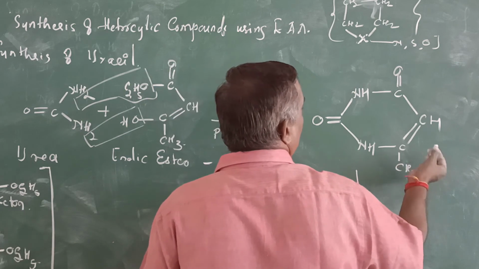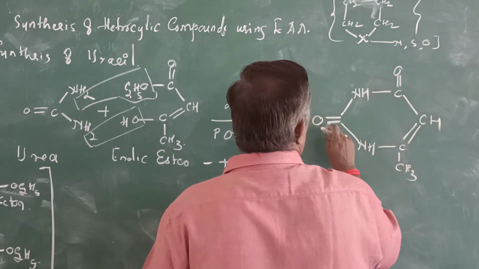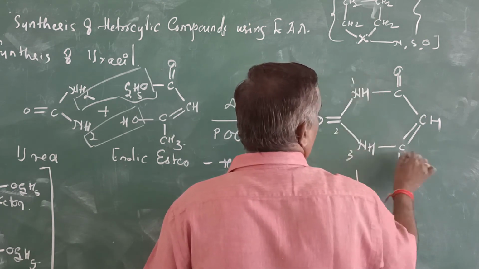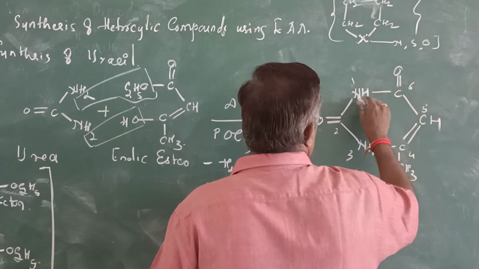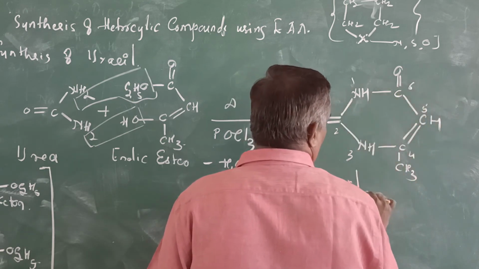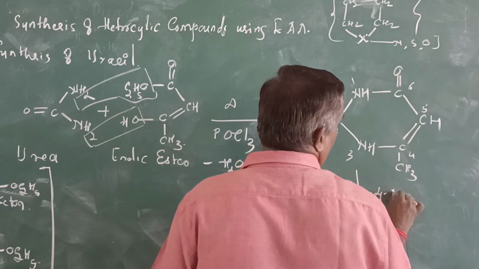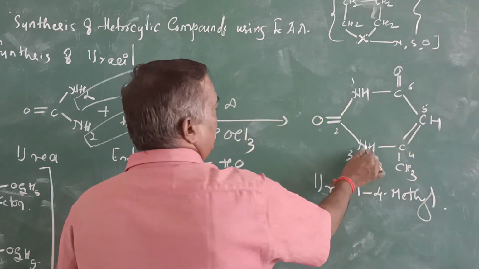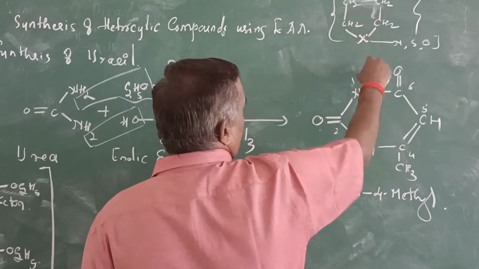It is numbered 1, 2, 3, 4, 5 and 6. So it refers to this. So this is uracil with a 4-methyl group. Now let us see, NH group was introduced in the cyclic ring. This is like a heterocyclic compound.